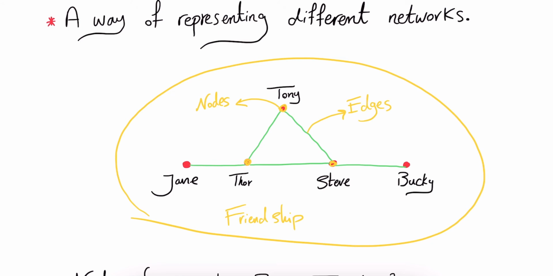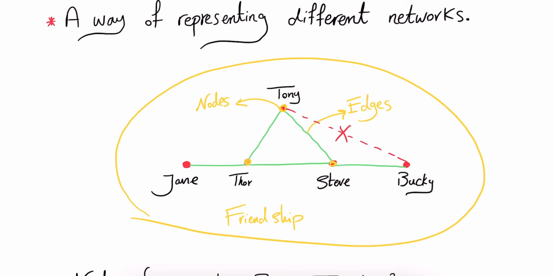But we can observe that, for example, Tony is not friends with Bucky. And the reason for this is that there is no edge existing between Tony and Bucky. So this graph is very simply telling us that Tony and Bucky are not friends.